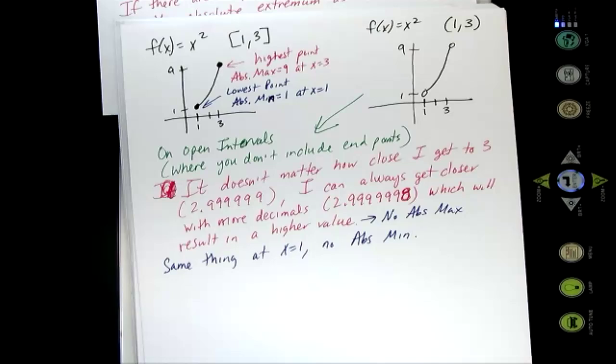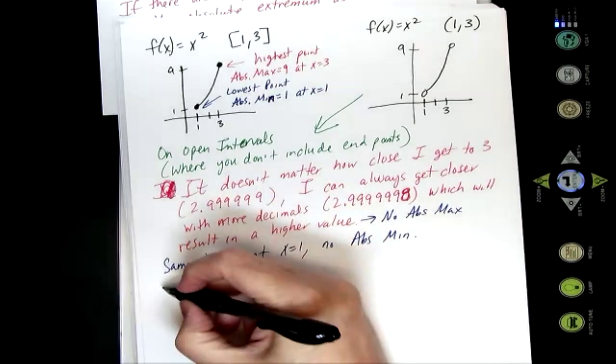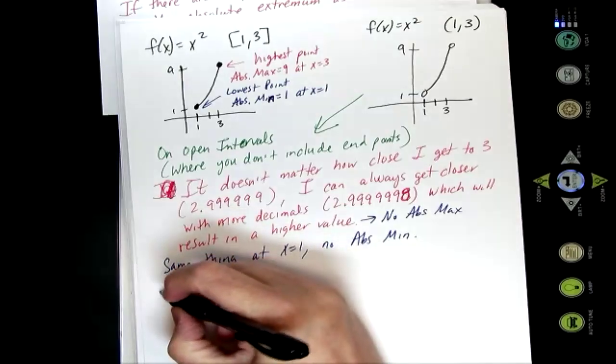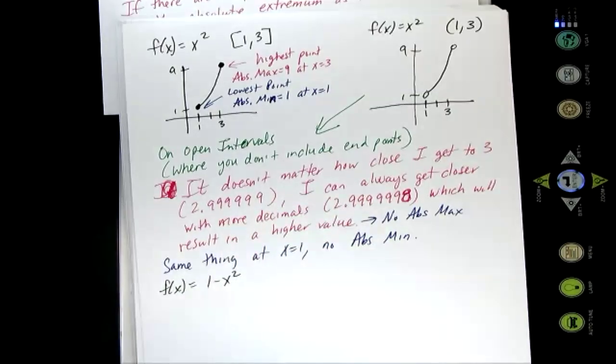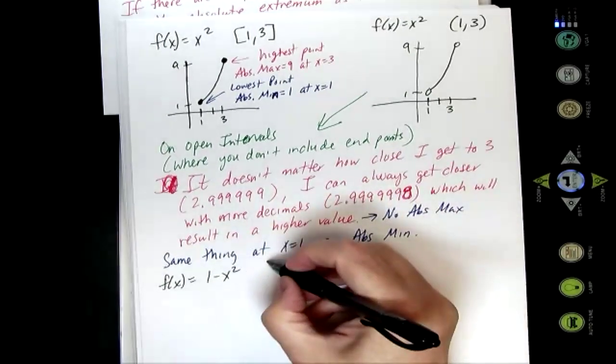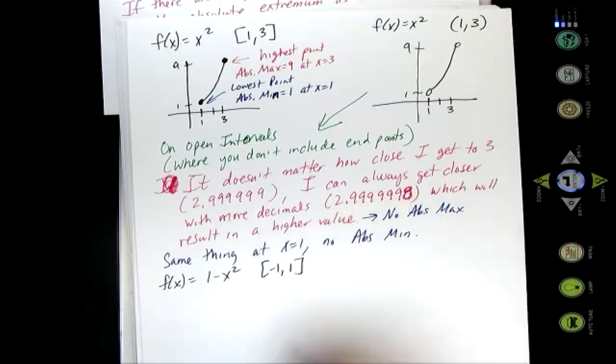There are a couple other scenarios that pop up where you'll see different stuff. Like if we have f of x equals 1 minus x squared from -1 to 1, just to make the graph simple.